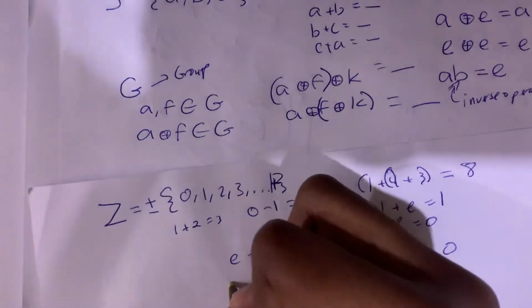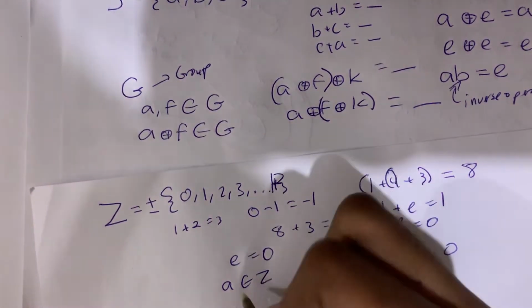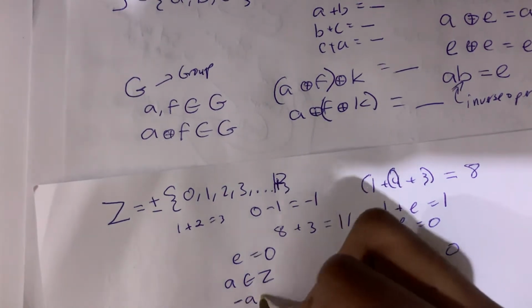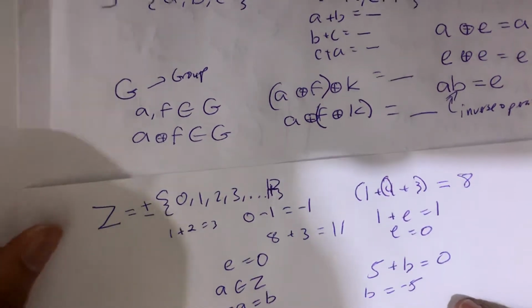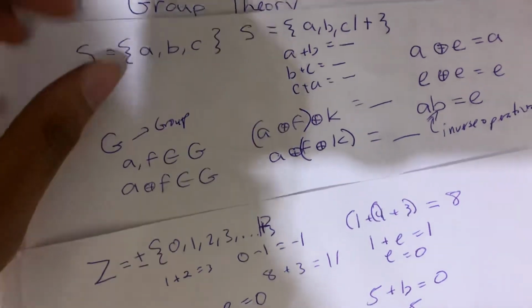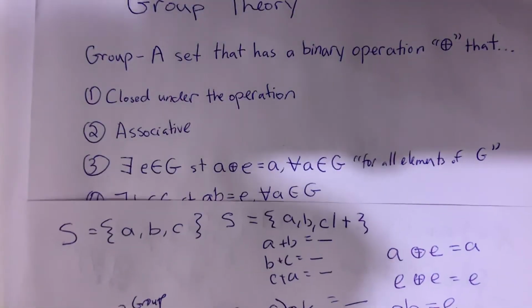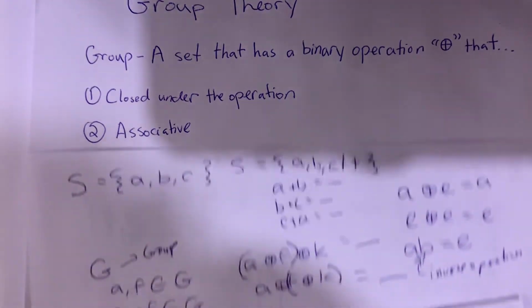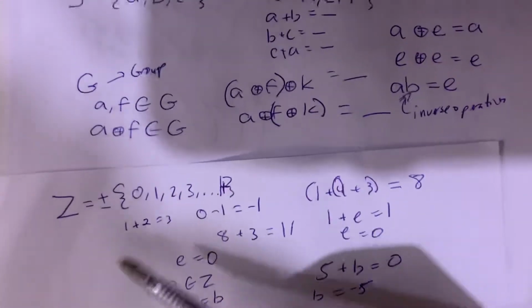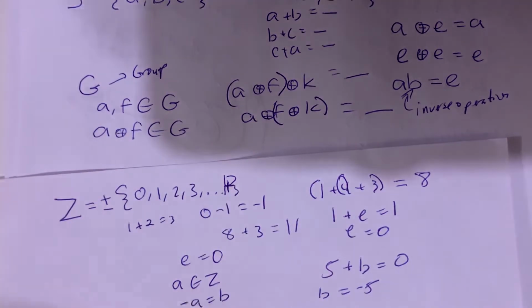If A is some general element, then minus A would be B. That would be the inverse. Okay, and fourth, yeah, that's it.